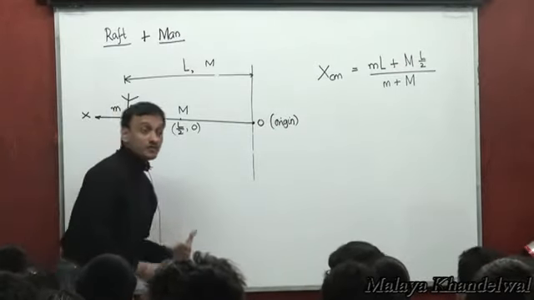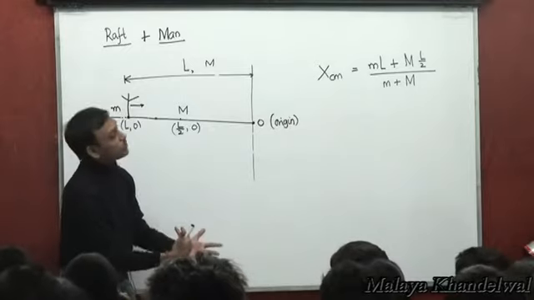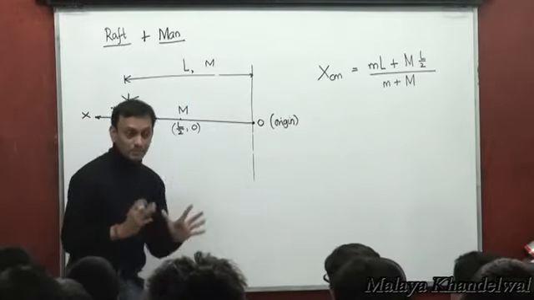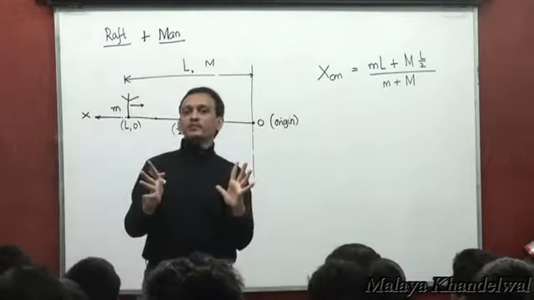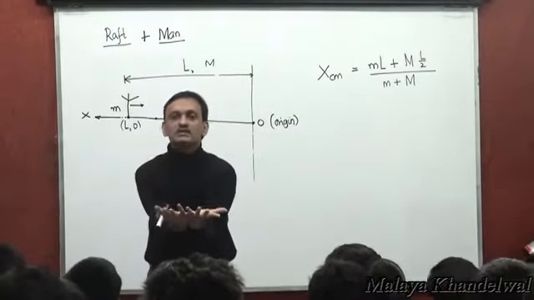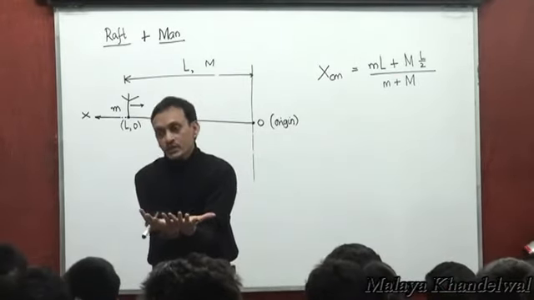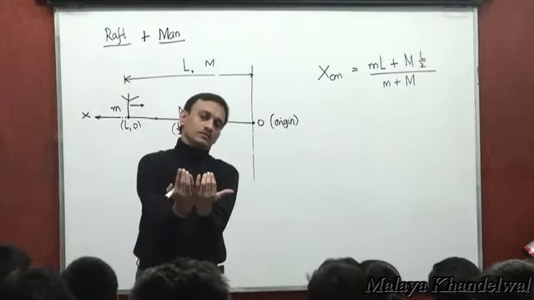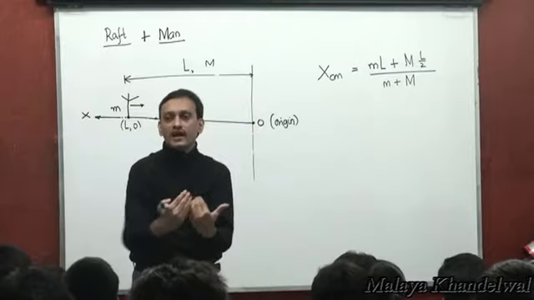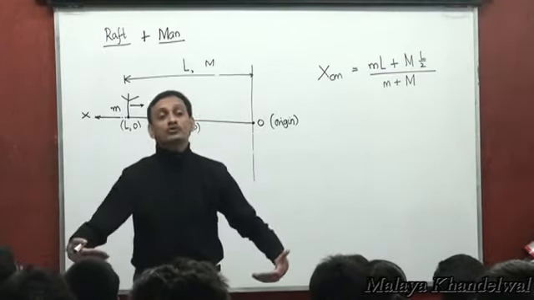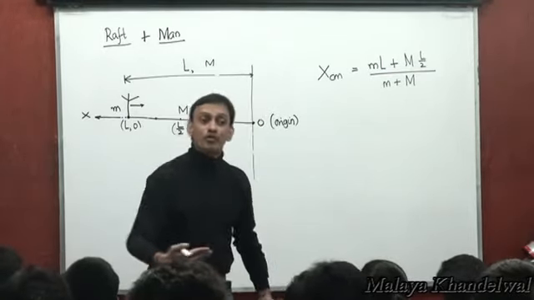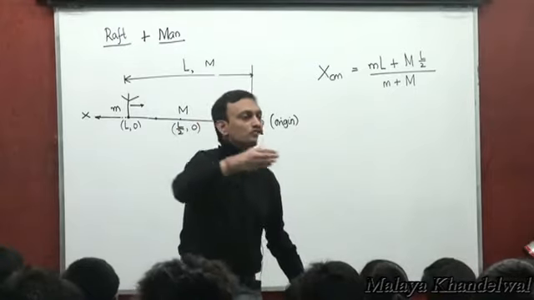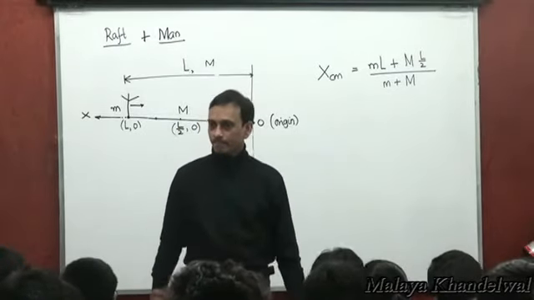So he exerts frictional force on the raft. The raft exerts an equal and opposite frictional force on the man, but they cancel off in pairs for the system. Raft plus man, if that's my system, then the force that the raft exerts on the man and the force that the man exerts on the raft in the horizontal direction, so that the man could walk on the raft, cancel off in pairs.